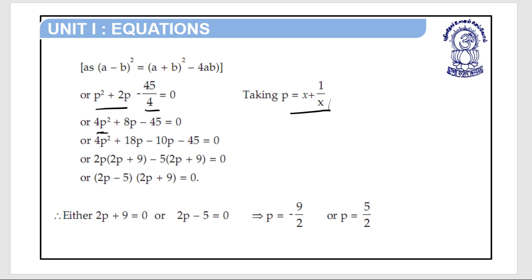So 4p square plus 8p minus 45 is equal to 0.